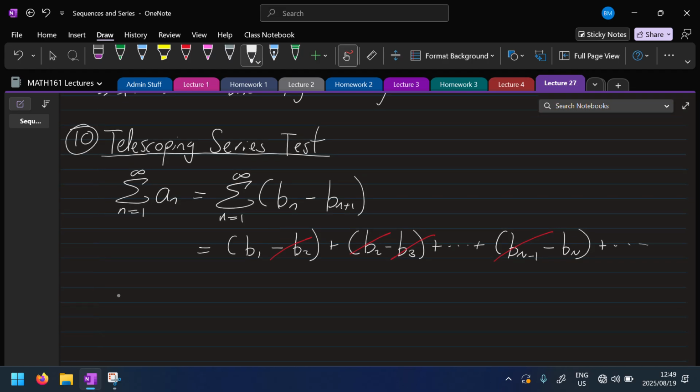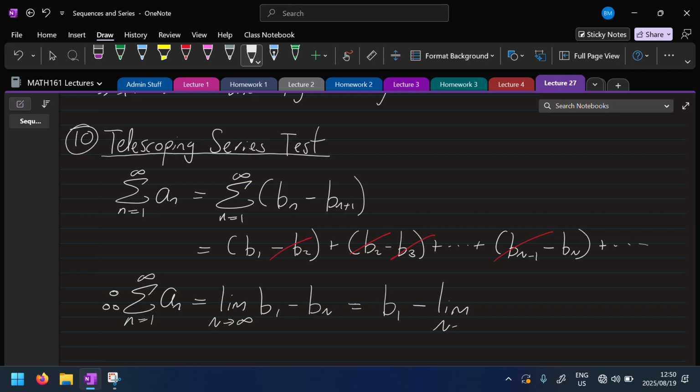Therefore, the sum from n equals 1 to infinity of a_n is equal to the limit as n goes to infinity of b_1 minus b_n. So that will be b_1 minus the limit as n goes to infinity of b_n. This limit will be some number, and whatever that number is, that is the series value.